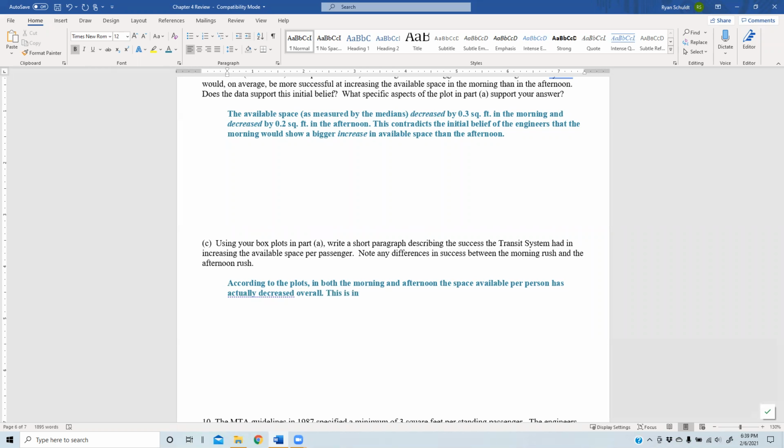This is indicated by the negative medians. AM is negative 0.3, PM is negative 0.2 for both of the distributions.